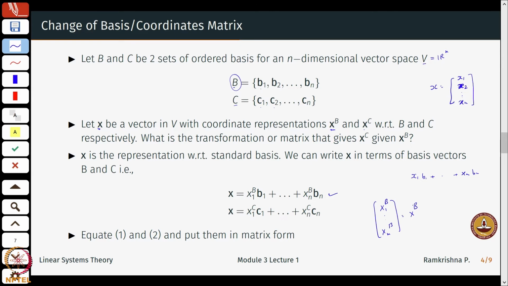Similarly with xc. So, this x can be written as x1b times b1 till xnb times bn. The same vector in the basis C can be written in this way. So, what changes? Since the basis changes, the coordinates will also change. So, I will have xc written as x1c all the way till xnc.